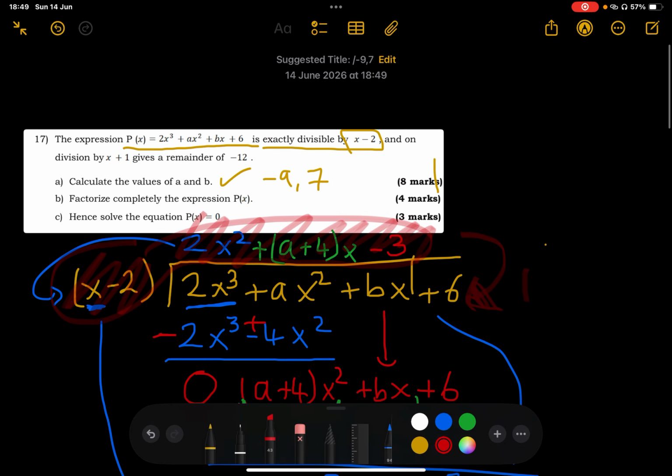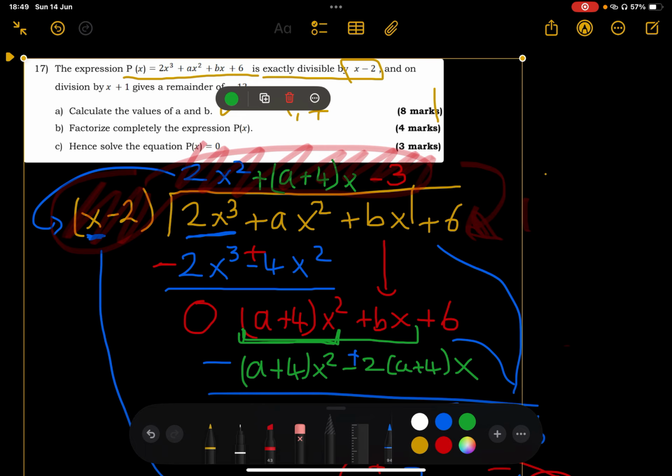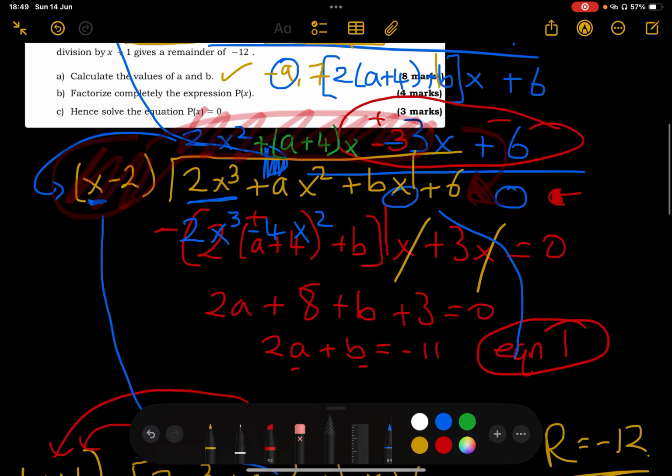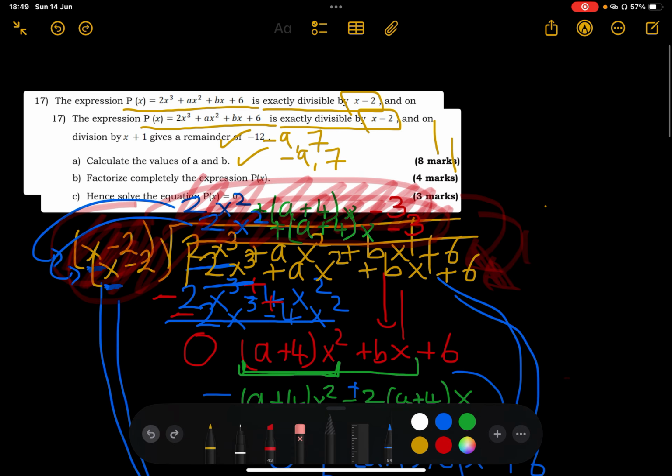So, let's first write out what, you know what, let me copy all this and put it towards the bottom.